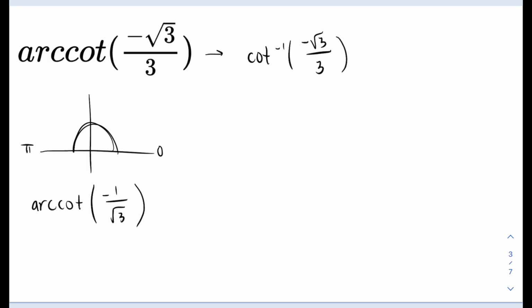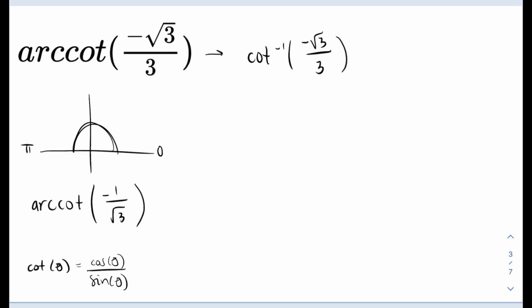Now, we know that, a little side note, cotangent is cosine over sine. So this question here is basically asking me what angle has a cotangent of negative 1 over radical 3.